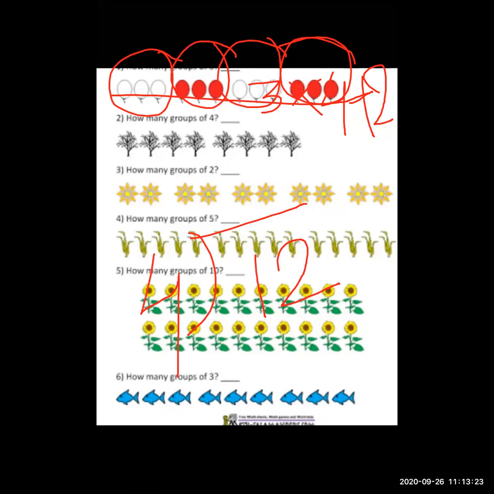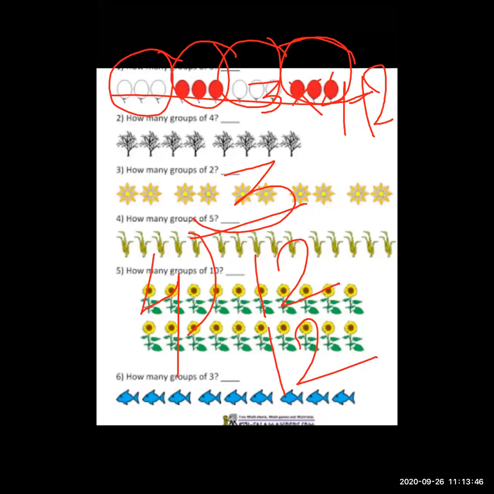4 3s are 12. Why will 3 come? Tell me, students. Why did I write 3 directly over there? Yes, give me in the chat box. Because in the table of 4, 12 comes at the place of 3rd.